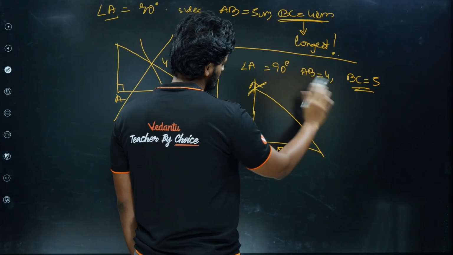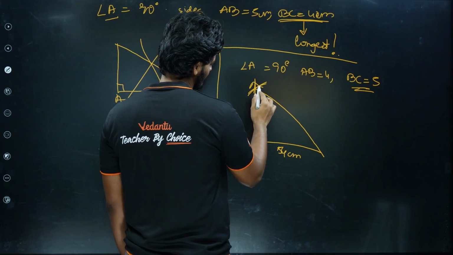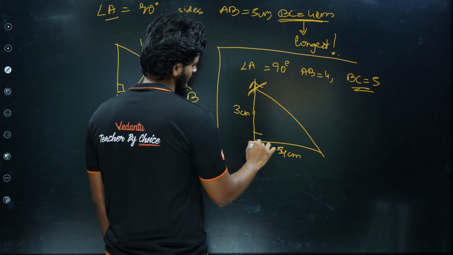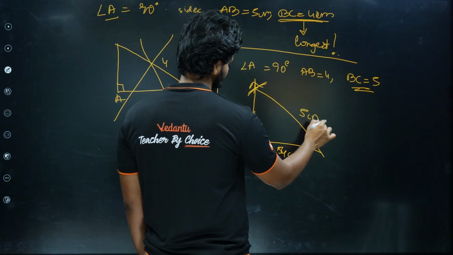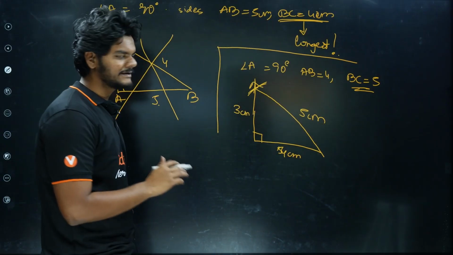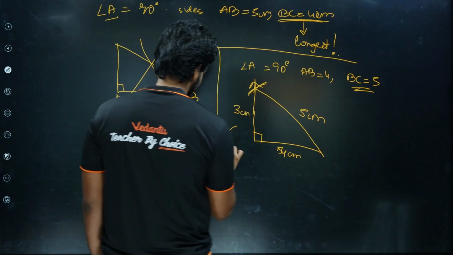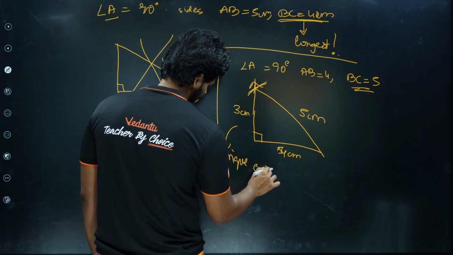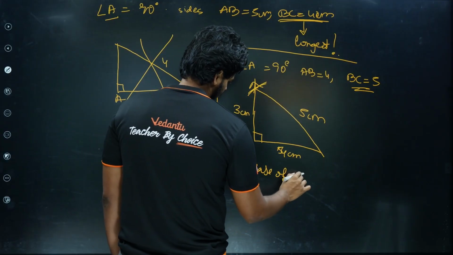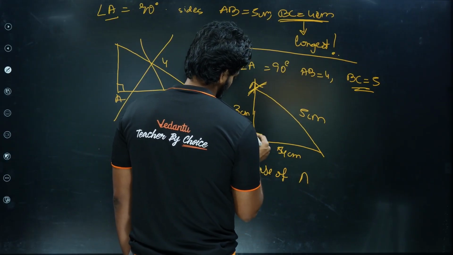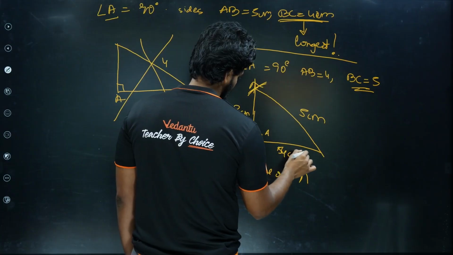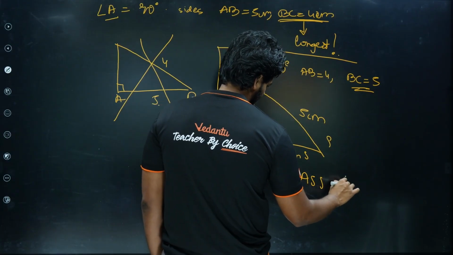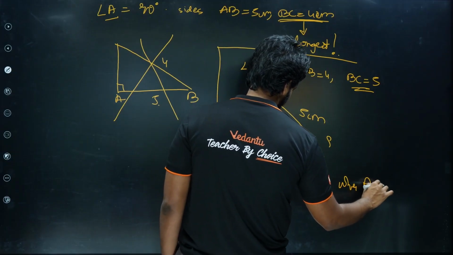It won't cut twice. So that cutting will happen only when this is 3 centimeters, because this is a Pythagorean triplet now. This is a unique case of angle side where angle is equal to 90 degrees.